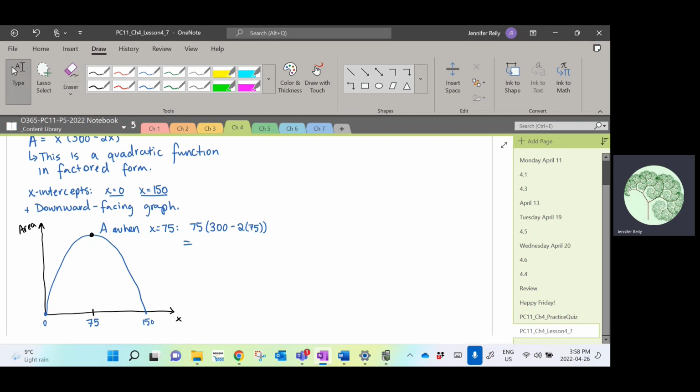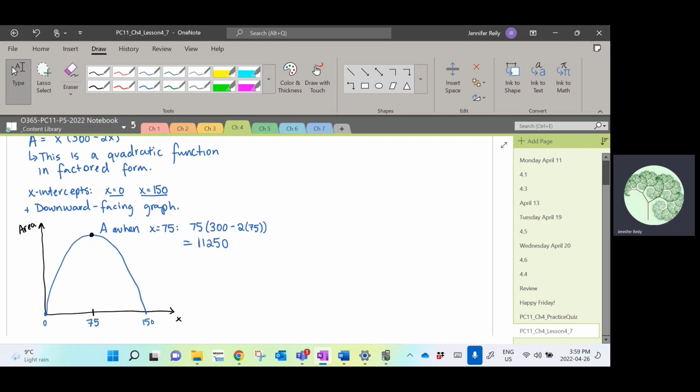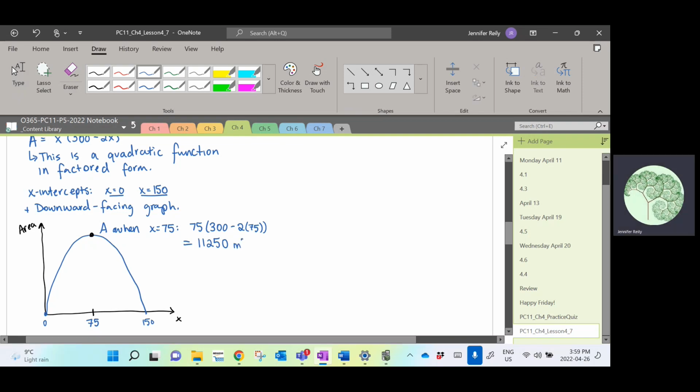Oh, sorry, I forgot to grab a calculator. I'll just do it now quickly. 75 times 300 minus 2 times 75. The maximum area would be 11,250. And this is meters squared.